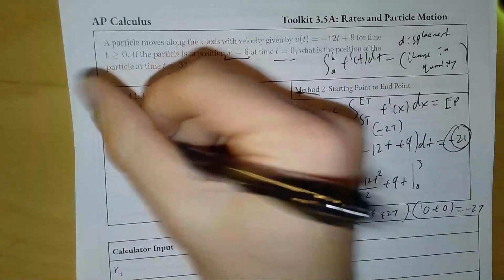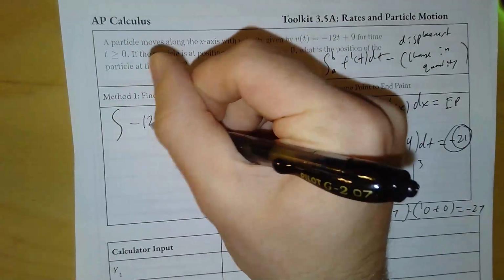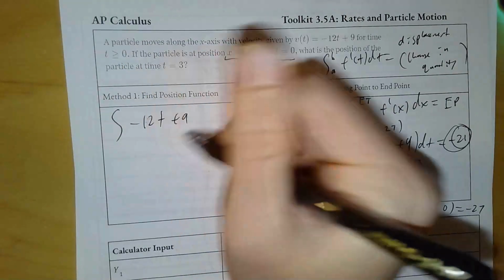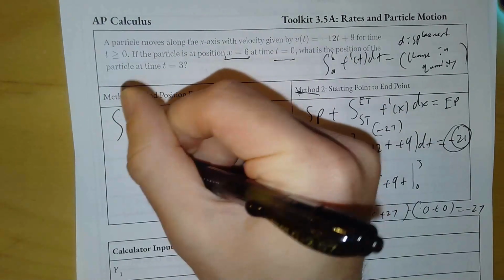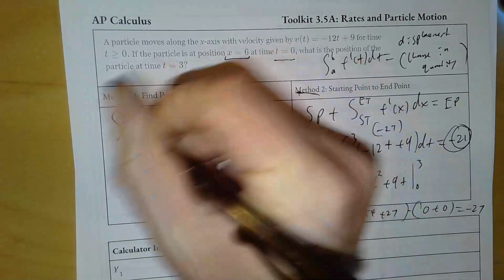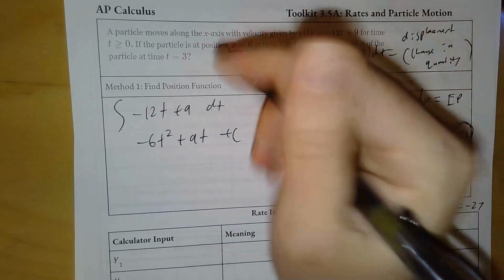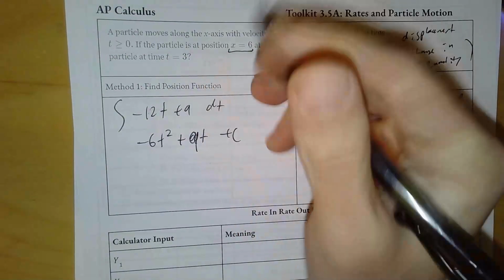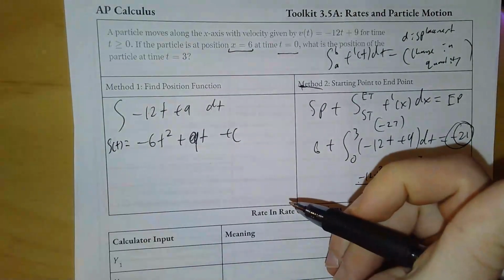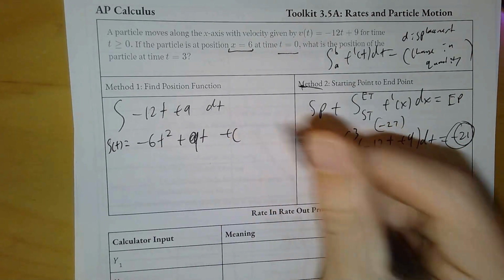So we're going to take the integral of negative 12t plus 9 dt, and we already did this. You're going to get negative 6t squared plus 9t, but plus c, because this is an indefinite integral, we need to add that plus c. So here's the issue. I have position here. This is the position function s of t, but I don't know the c. So I can plug in a 3, right?